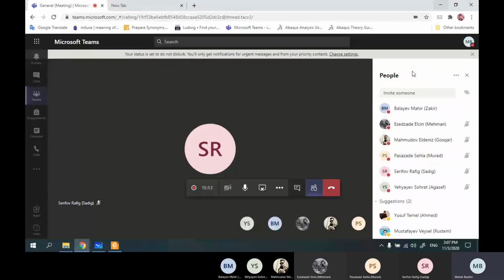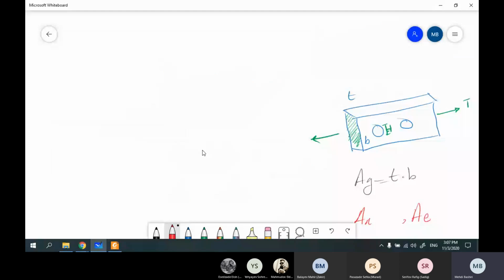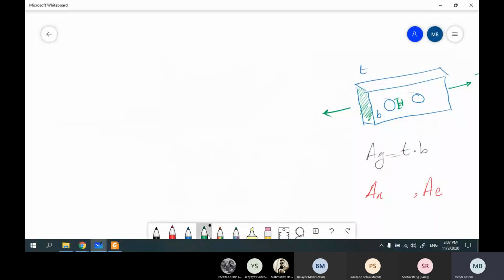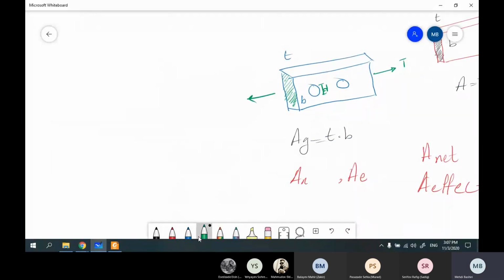So what is the A net? I'm going to explain. Let me add a cross section here. What will you see after this section? You'll see something like this.